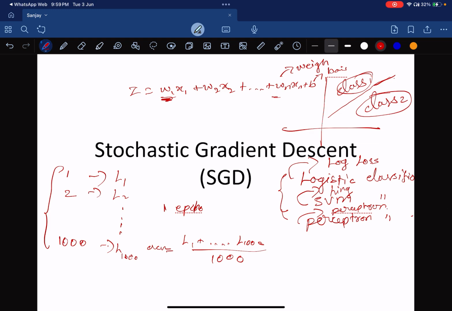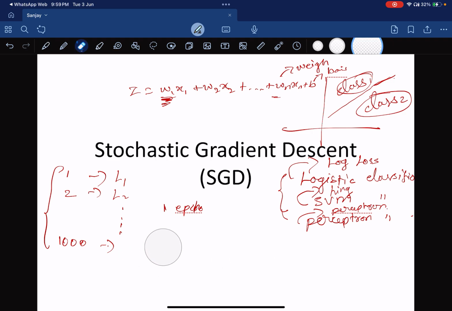In the logistic, SVM and perceptron classifiers, initially it will find the losses for each data point, then find the average loss, and update the weights. But stochastic gradient descent doesn't compute the error for all the data points.